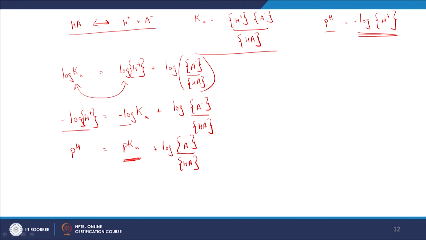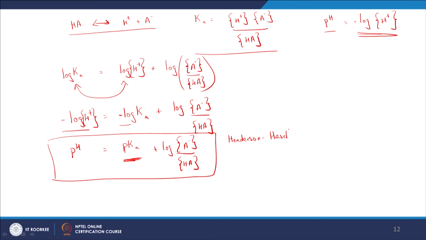So, this is the Henderson-Hasselbalch equation, and this is remarkably important.